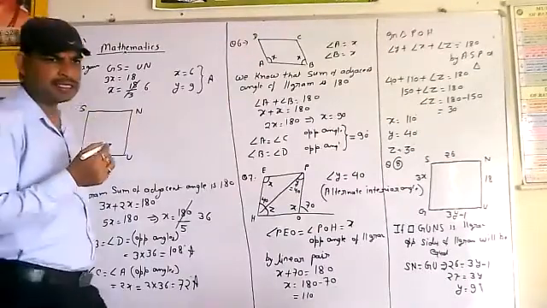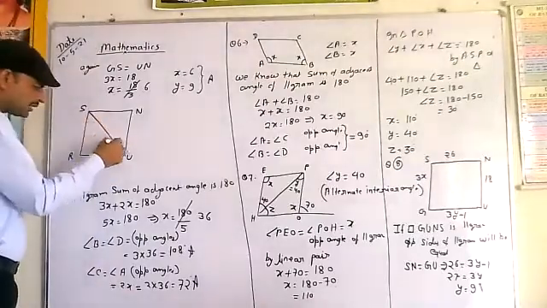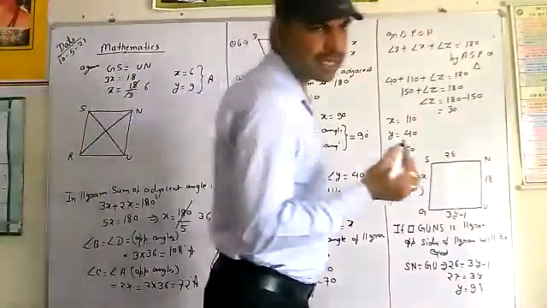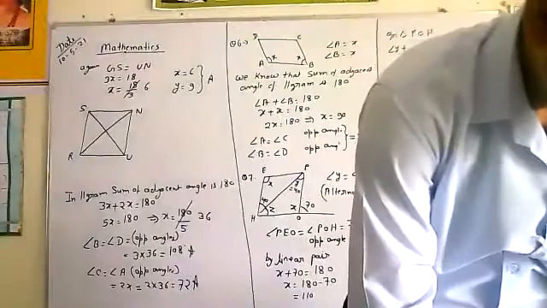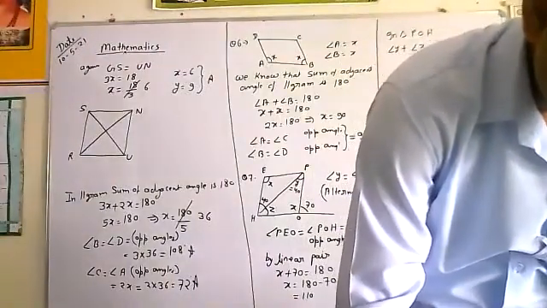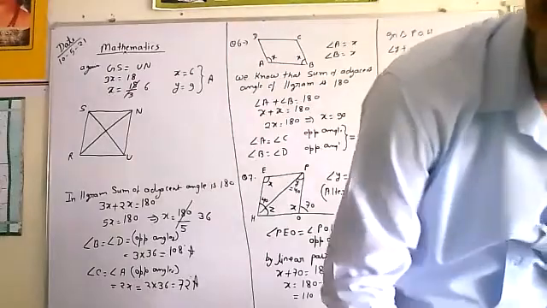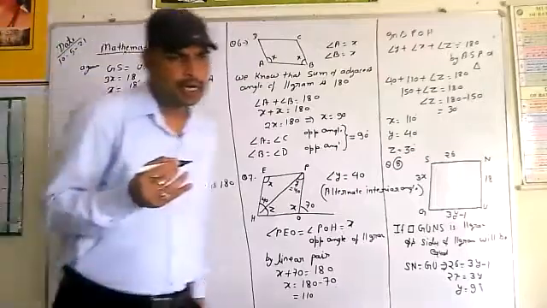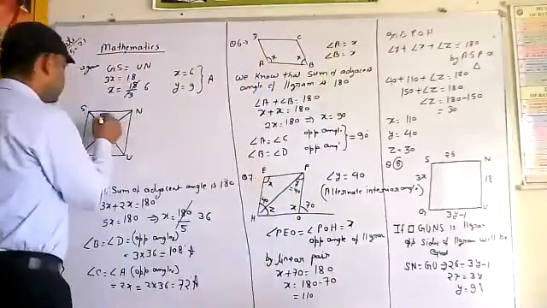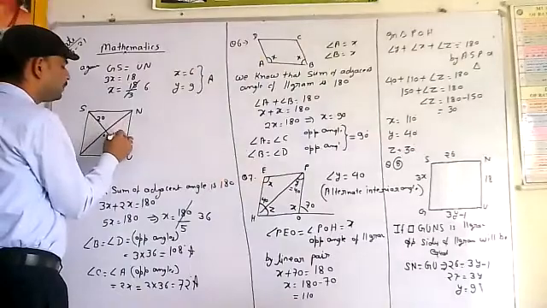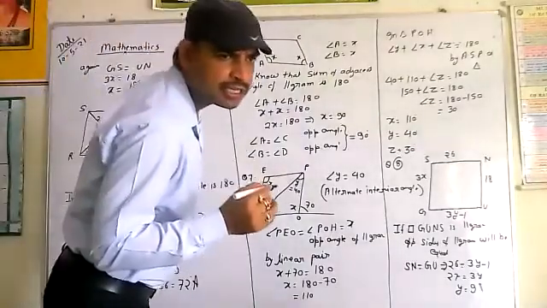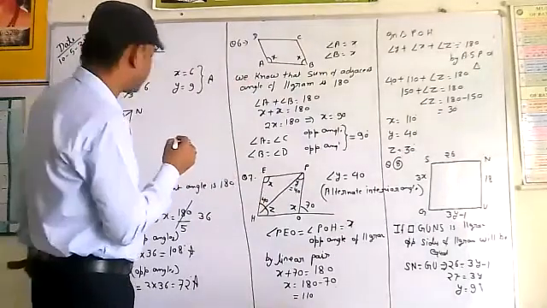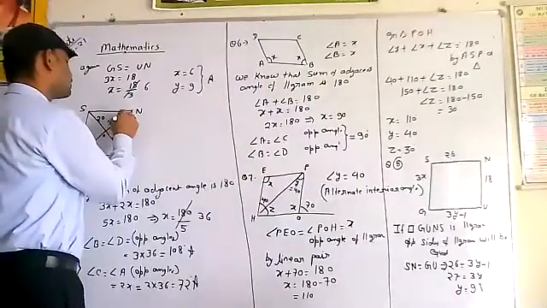RUNS. The diagonals are like this. Here, this point is O, and 20 and y plus 7, and next 16 and x plus y.